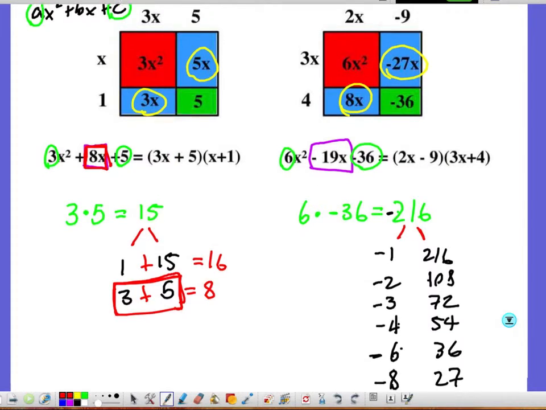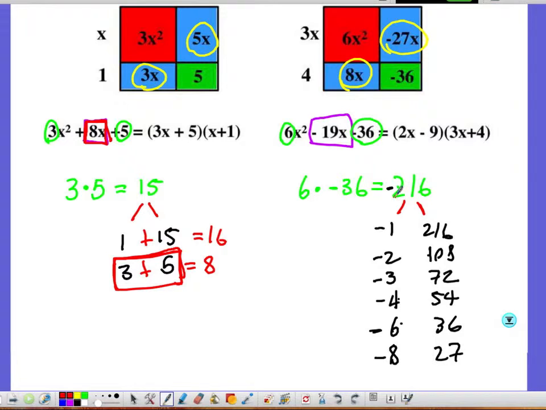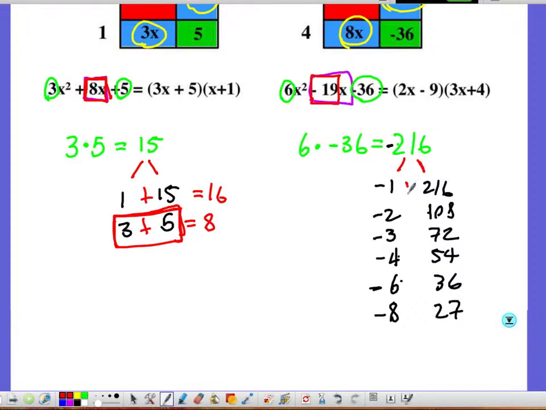But let's take a look at this one right here. This is always going to work. And so let's see here. What I want to do is find the factors of negative 216 that add up to give me negative 19. Alright, let's see. When I add these together, that gives me 215. When I add those together, that gives me 106.